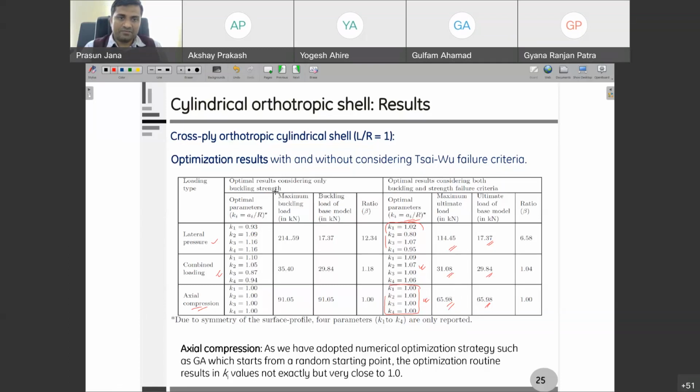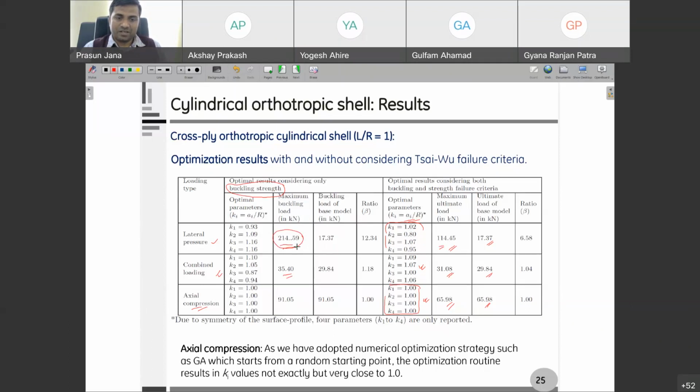And here you can see, if we are just using the buckling strength without considering the failure criteria, which is SAYU, then we can get even much higher values, like you can see 214, here it is 114. That means this buckling load, though it is stable in this configuration, maybe it will be giving higher buckling load, but this model will fail in strength criteria.